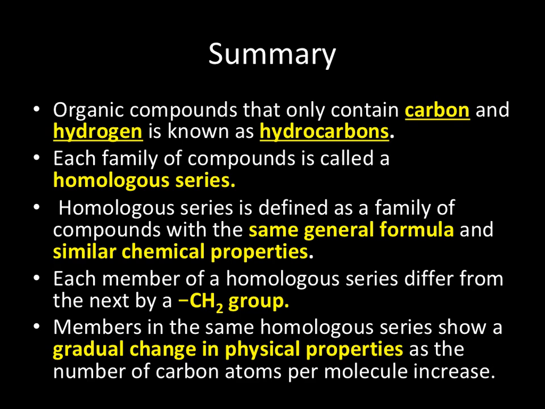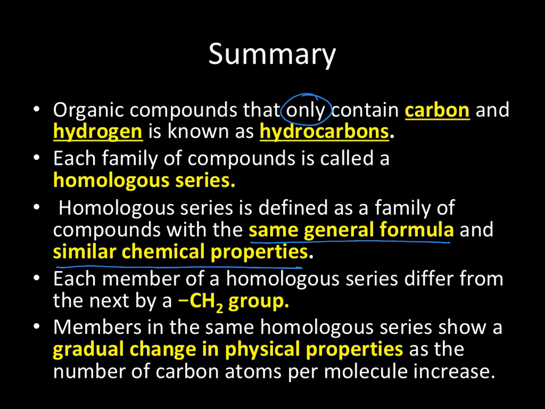In summary, organic chemistry is the study of carbon compounds, and a special group of organic compounds that only contain carbon and hydrogen is known as the hydrocarbons. Each family is called a homologous series, which is defined as a family of compounds with the same general formula and similar chemical properties.